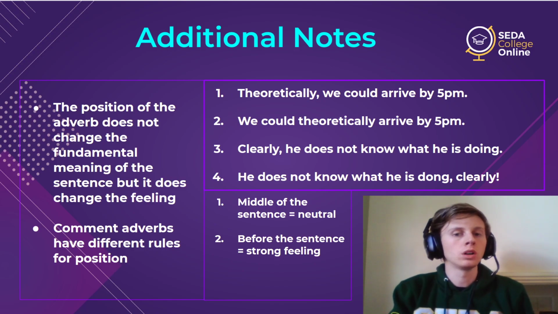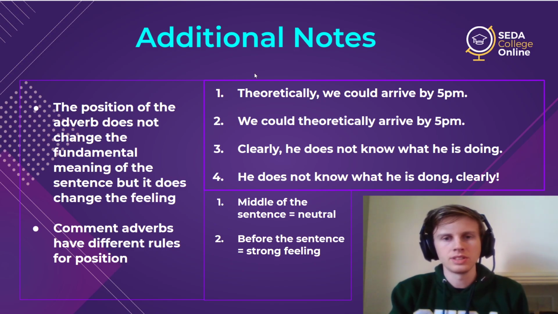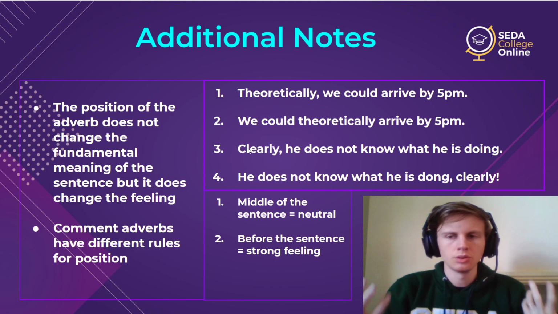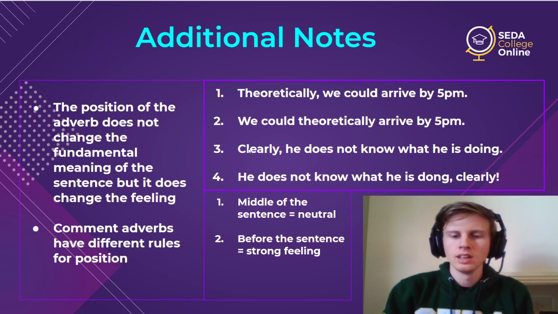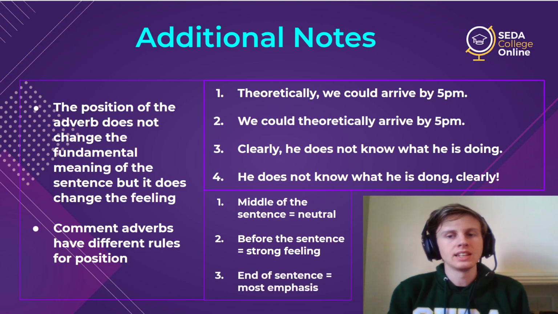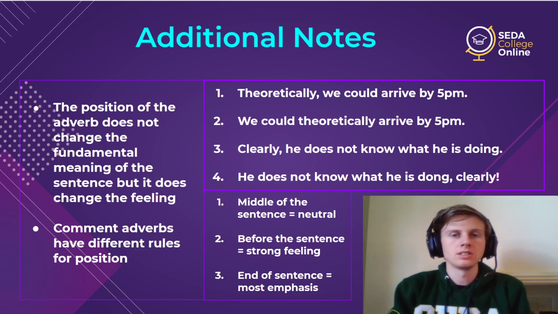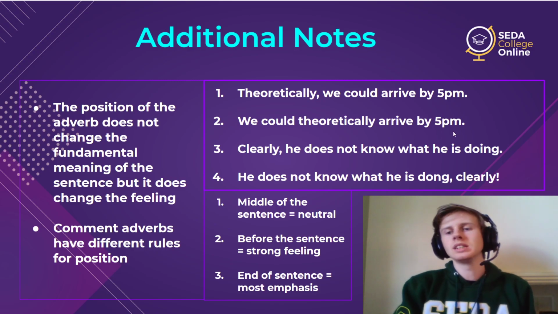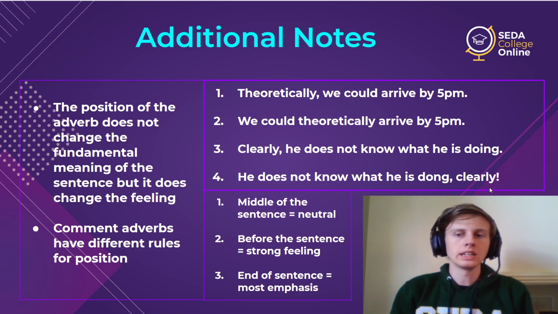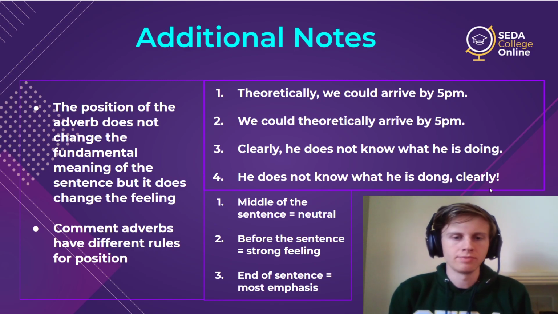This is a strong feeling about this sentence. This is the most important idea. I mean, you said it first, so it's most important. If you put it at the end of the sentence, this is for real emphasis. This is really to make it special. He does not know what he's doing, clearly. So if you put it at the end of the sentence, it's really special and it's really strong emphasis.